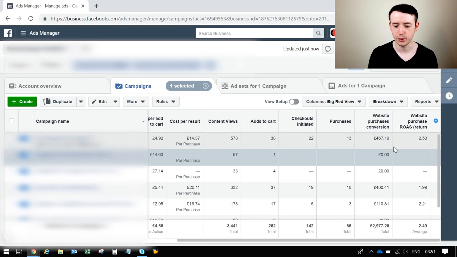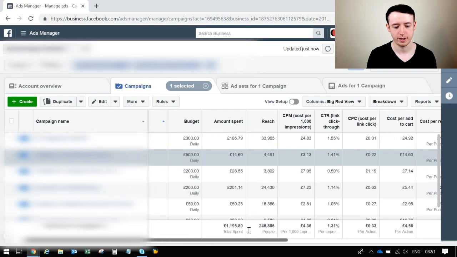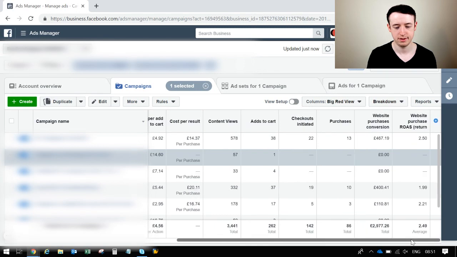And then here we were at 2.49 ROAS, spent 1,195 and did a 2.49 ROAS and brought in £3,000, which is close to $4,000. And obviously this is lower than what we actually captured because we have the back end piece and organic traffic coming back. So it was basically $4,000 in a day by this point.